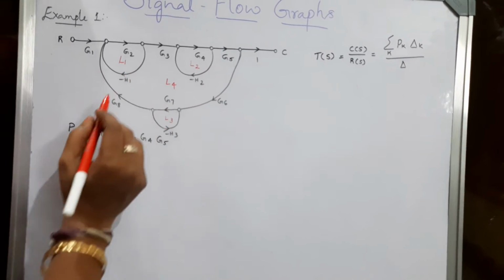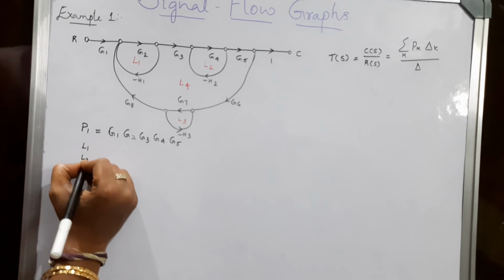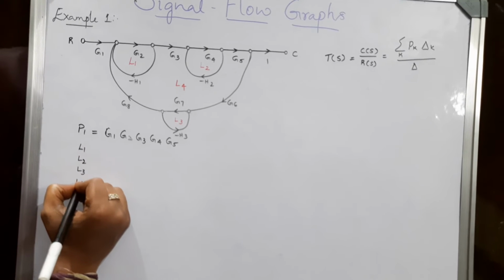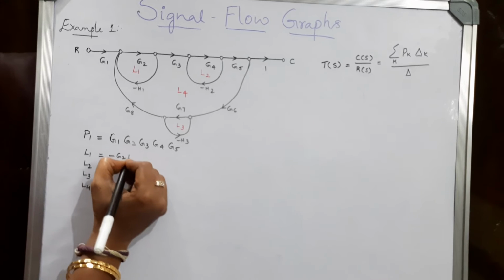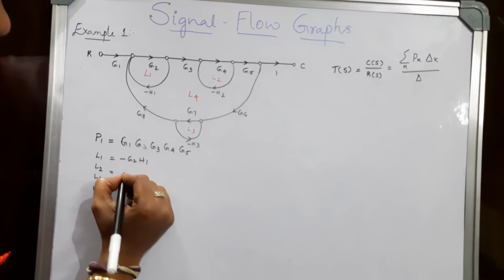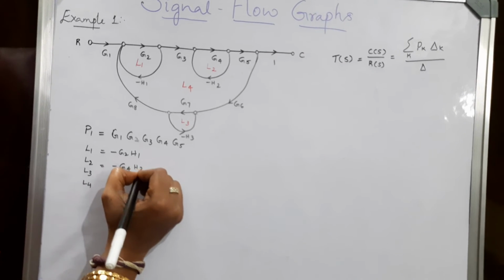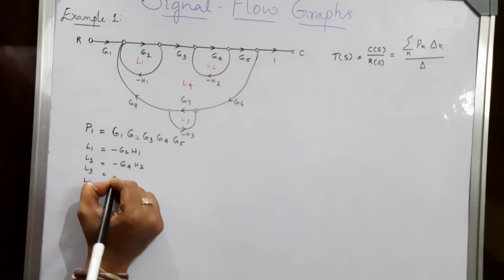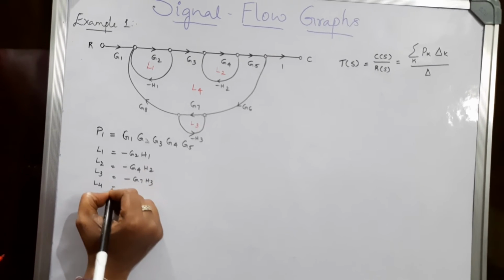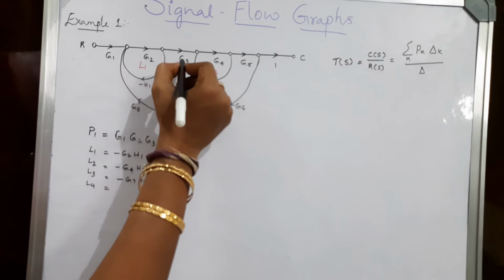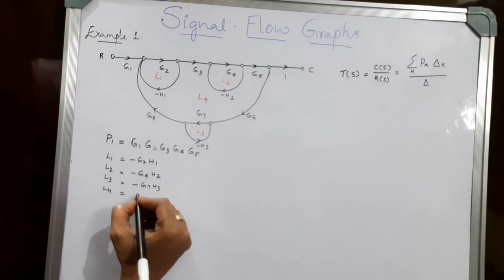So totally we have 4 loops, L1, L2, L3, L4, with loop gains L1 being minus G2 H1, L2 being minus G4 H2, L3 being minus G7 H3 and L4 being G2, G3, G4, G5, G6, G7, G8.